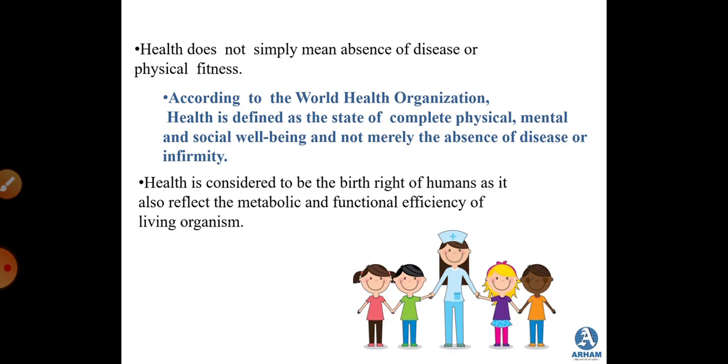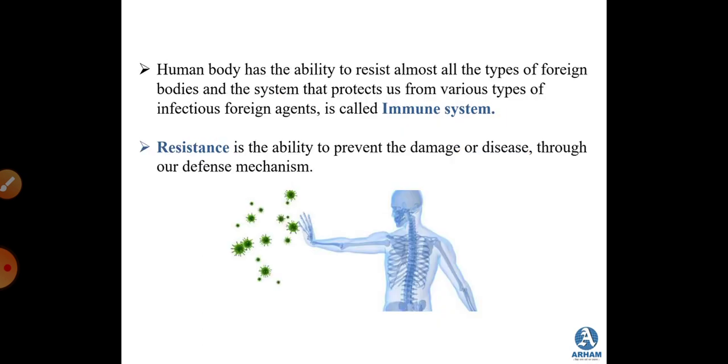Now, students, every day our body is exposed to various foreign particles that are invading our body. And these foreign particles include infectious agents like bacteria, viruses, and other pathogens. Despite constant exposure to various types of pathogens, most of us remain healthy.